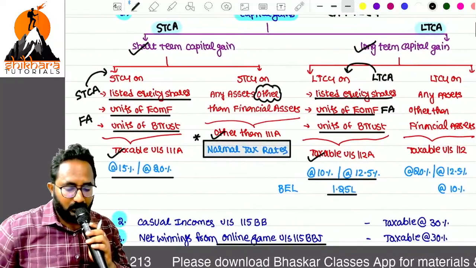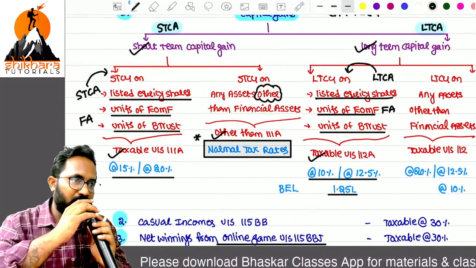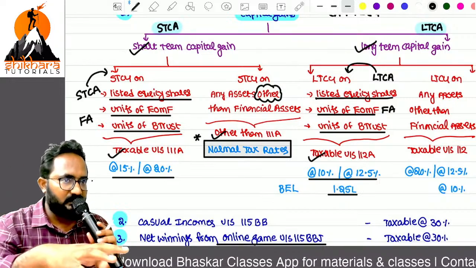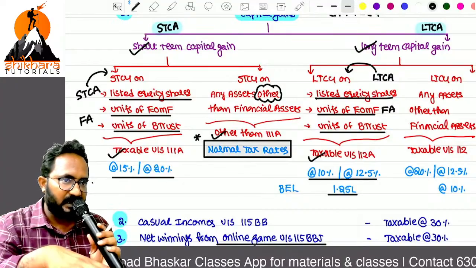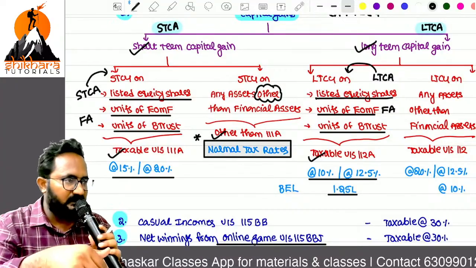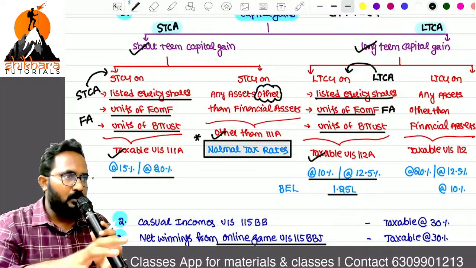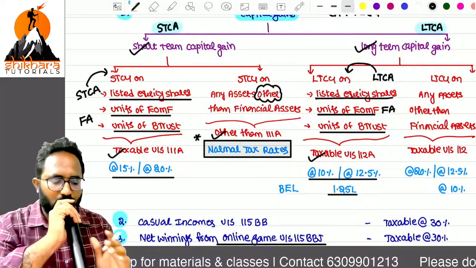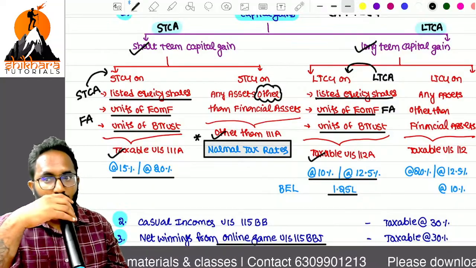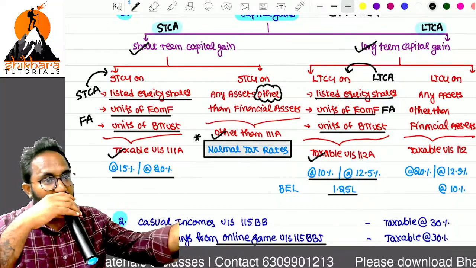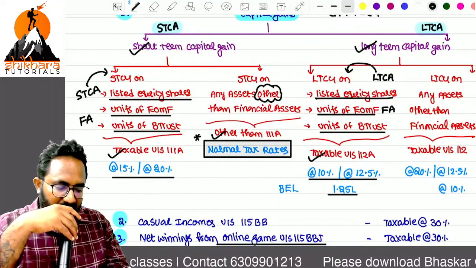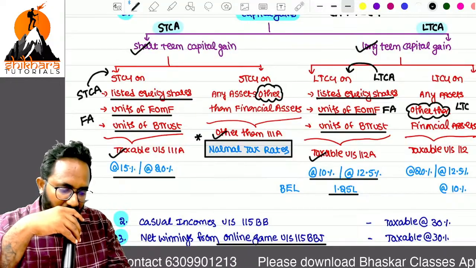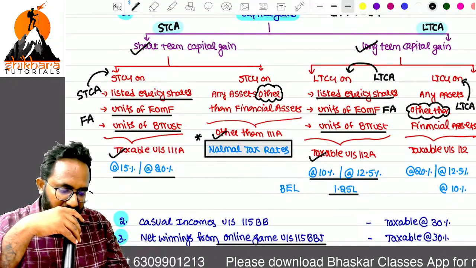I think you have the concept book or other books in your hands, so you can verify. I have mentioned this discussion in the capital gain chapter, and we can discuss it in detail again, but for now you just need to know these are the special tax rates. Clear? Now, I haven't gold, but gold is a long-term capital asset. So for any asset other than a financial asset, if it is a long-term capital asset, what do I need to calculate?